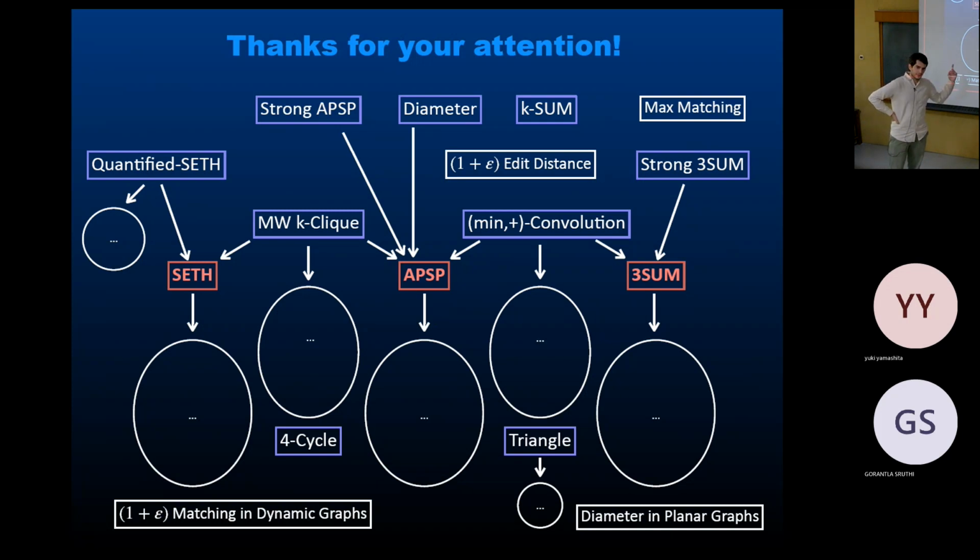Most of the problems here are actually easy classically for space. For 3-sum, actually, 3-sum is not so easy for space. You have polylog space or log space.